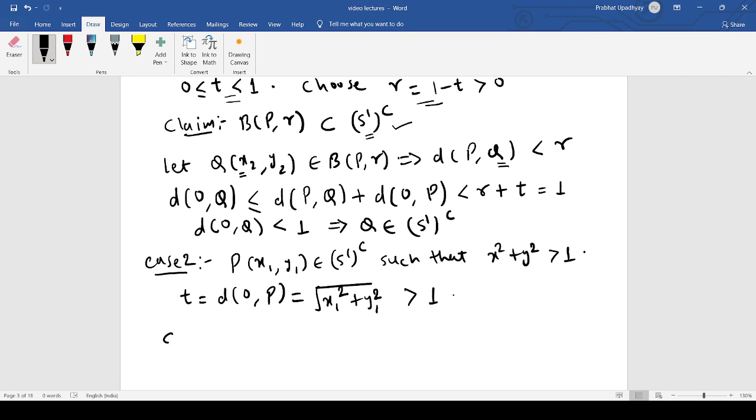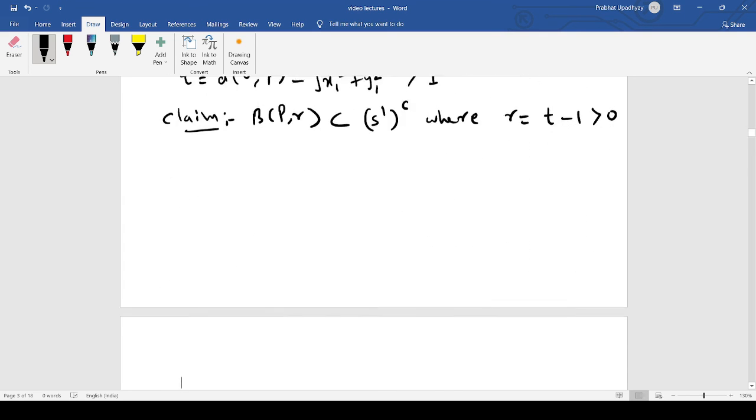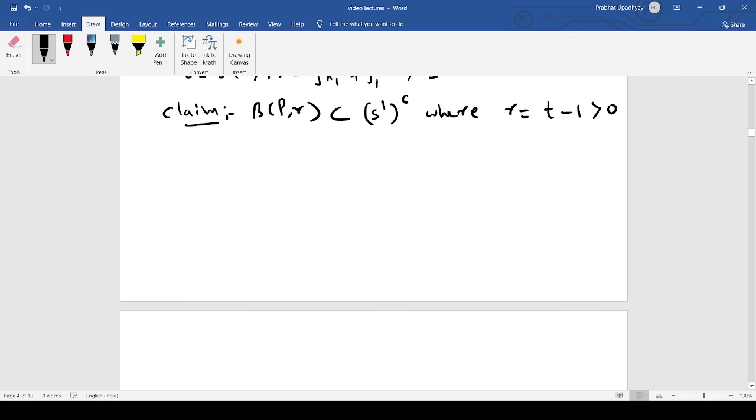And here we claim that the open ball B(P, R) is a subset of the complement of S1 where our R is T minus 1. And since T is strictly greater than 1, we know T minus 1 is greater than 0. Let's try to prove our claim.